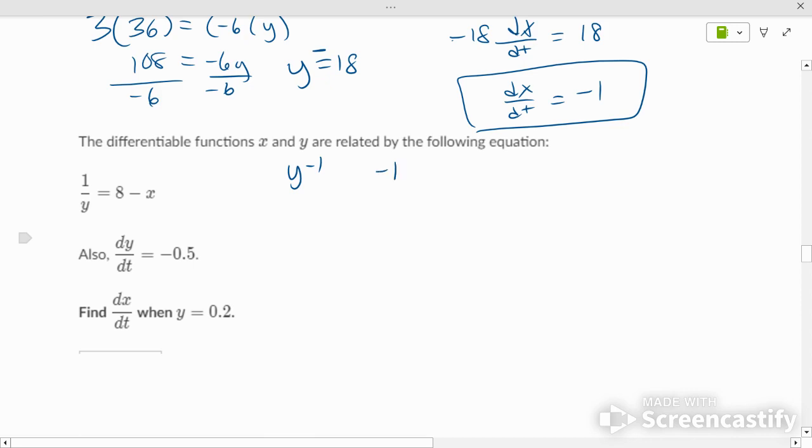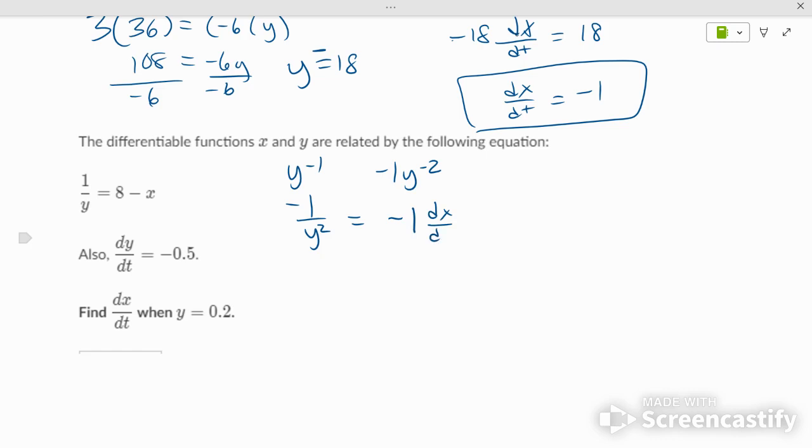So it's -1 y to the negative second, because we dropped the power by 1. So it's -1 over y squared, equals, what's the first derivative of 8? 0, minus the first derivative of x, 1 dx/dt. Okay, so a lot of things disappear there. Okay, we're told that, what did I forget? dy/dt.